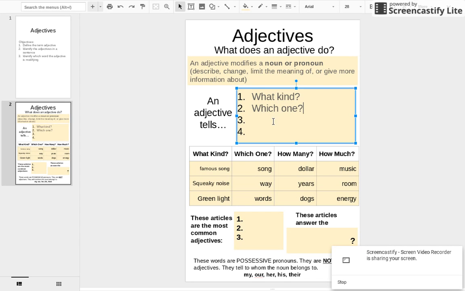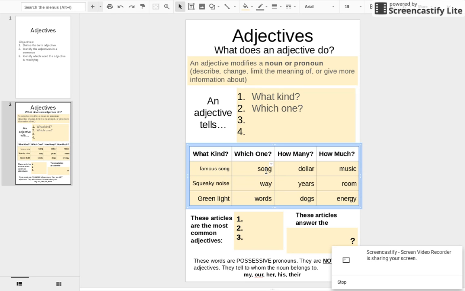Okay, so if you want to know which song, this song. I'm listening to this song. Okay, or that song. Which way are you going to drive? I'm going to drive that way. That is the word that is telling me which way I'm going. So that is a describing word.